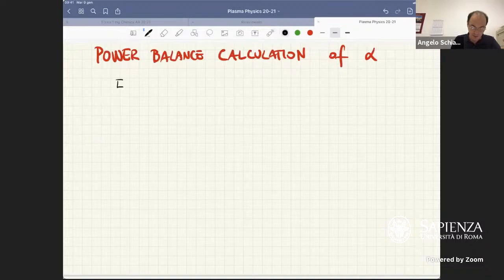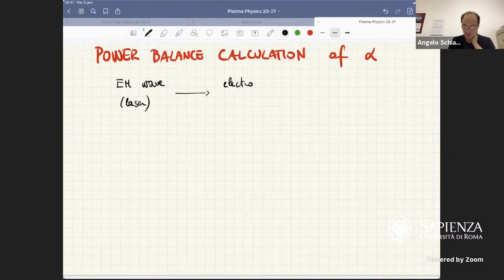So there are these three steps that we can imagine. So we have the electromagnetic wave, and being a wave it is carrying both energy and momentum. Let's suppose this is the laser coming and interacting. We've seen that the main players in the electromagnetic wave interaction with plasma are the electrons. Why is that?